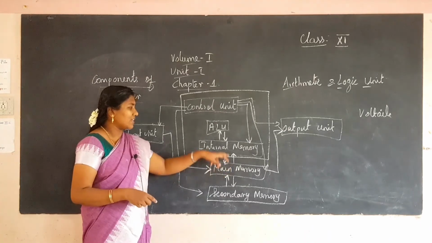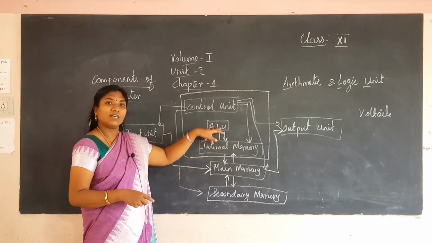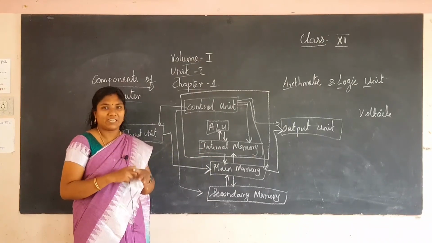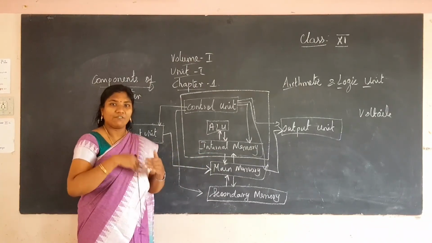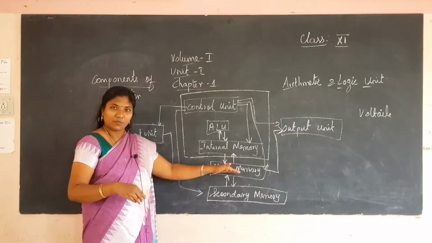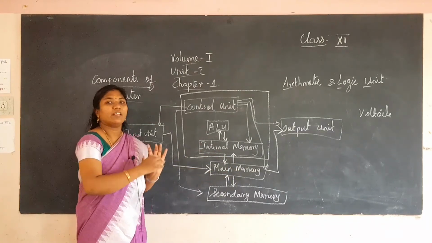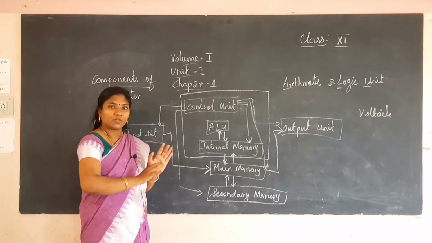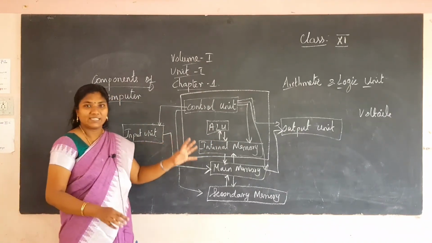Next it will pass on to the internal memory and then to the arithmetic logic unit. In the arithmetic logic unit, it performs the addition A plus B and gives the sum value to the main memory. Then from the main memory, the result will be displayed as output in the monitor. In this process only it gets accessed.